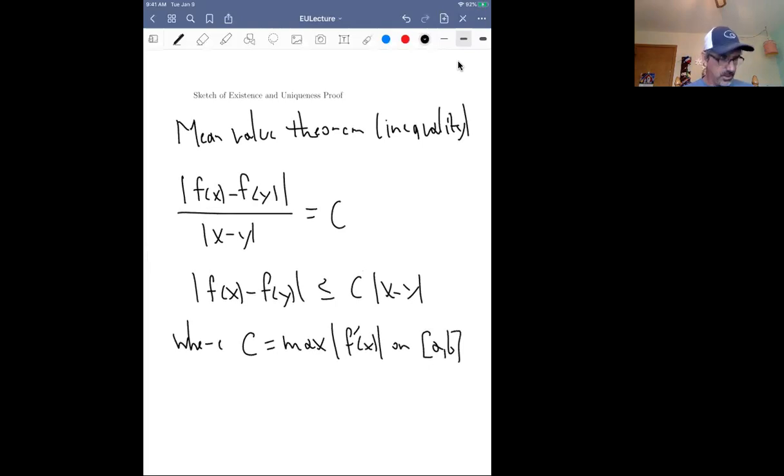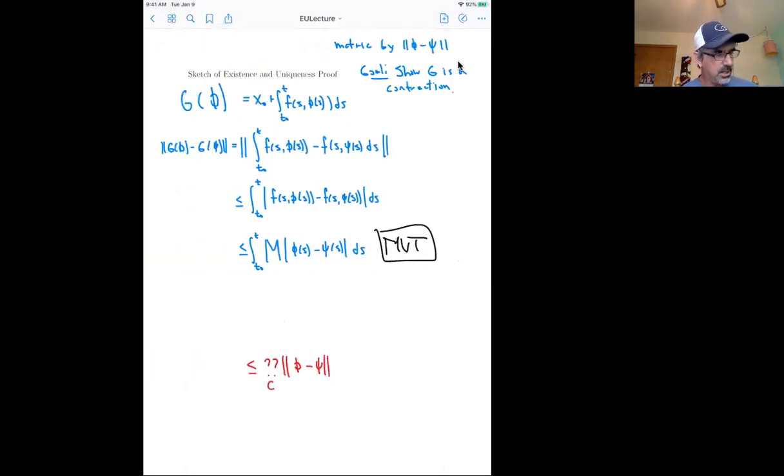That's the mean value theorem, and that's what I just used in the previous page, except that what I called c there is now an m. And yes, that function f depends on both s and the function, but the mean value theorem can be used in that context as well. So that was just the mean value theorem.